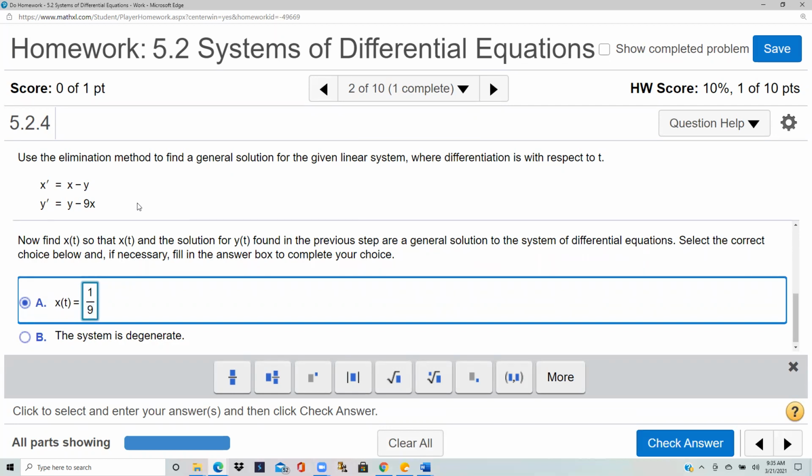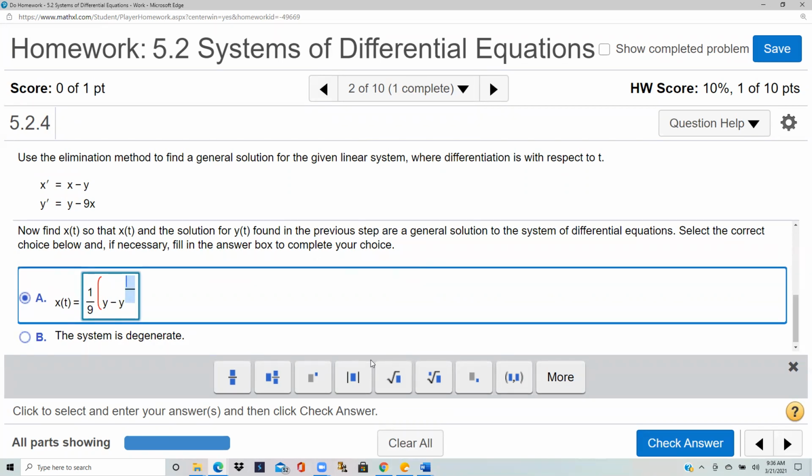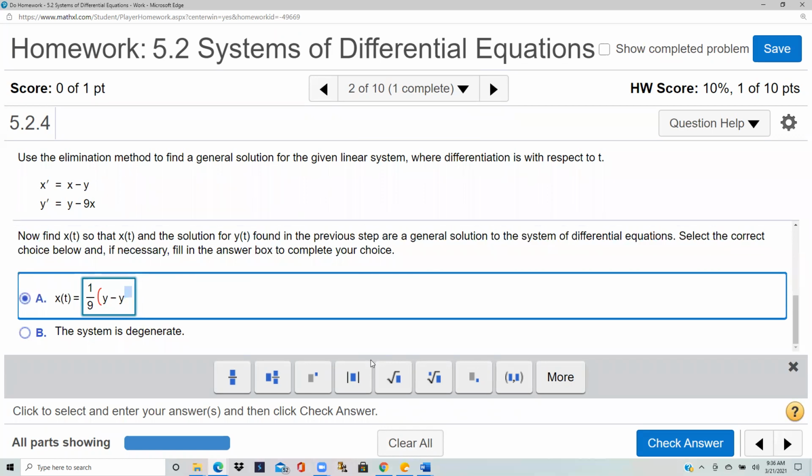That will give you x is equal to (y minus y prime) over 9.